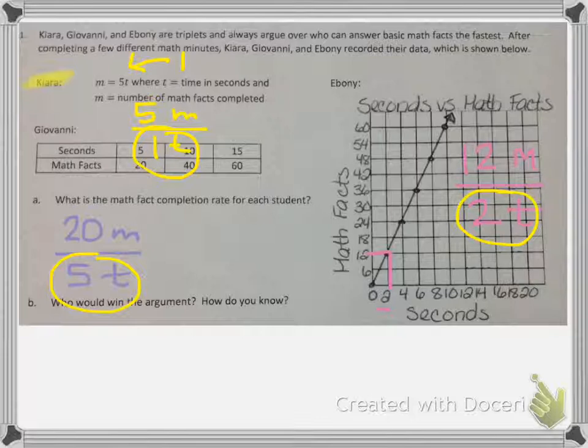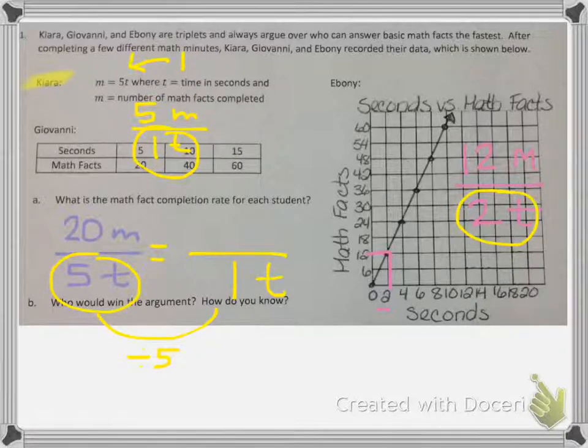Well, we could use all of those rates and find these ratios and find the rate for each one. And remember, a rate is when the denominator is 1. So I could write an equivalent ratio and divide by 5: 5 divided by 5 is 1 second.